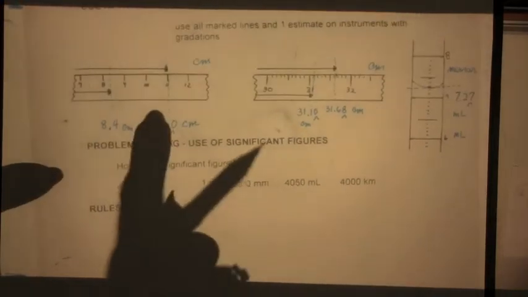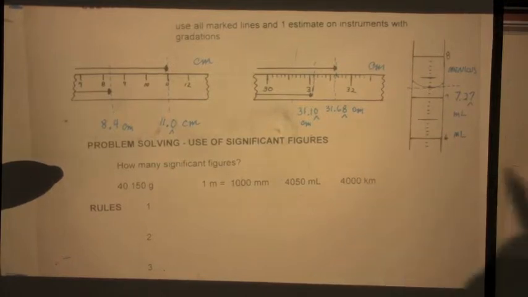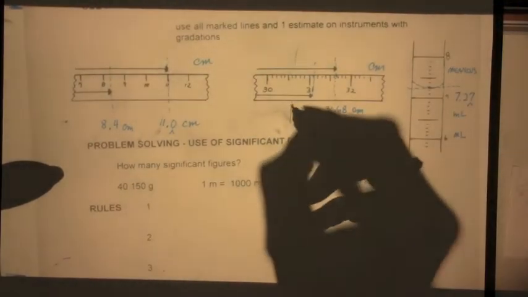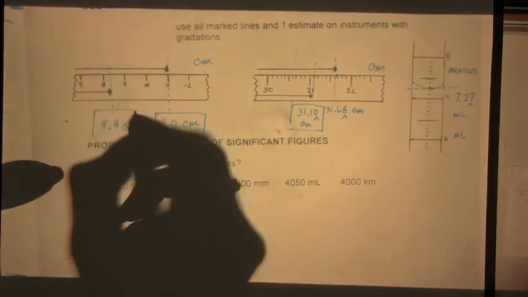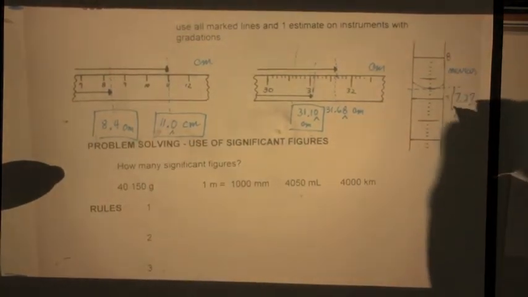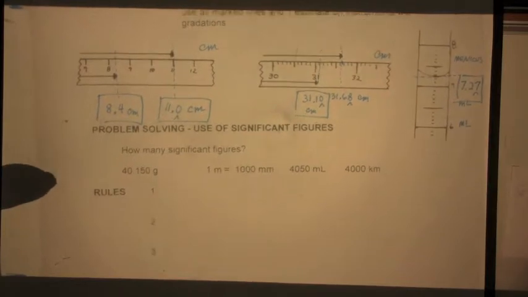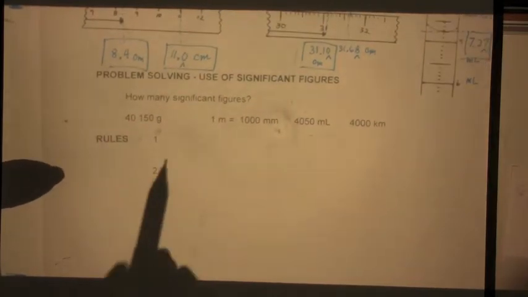Back up here, we were looking at our measuring device and making certain that our value was read to the correct number of significant figures. Now we're going to find out how, if you look at a number, you can tell how many significant figures the actual measuring device had, just based on the value that you're given.